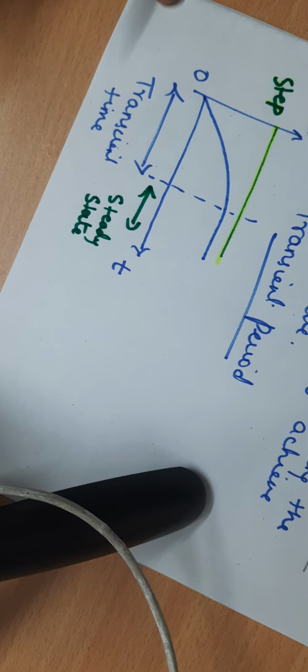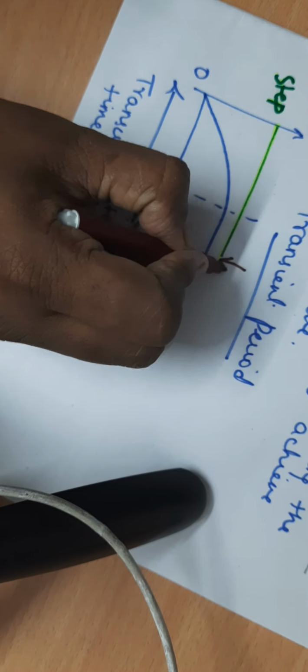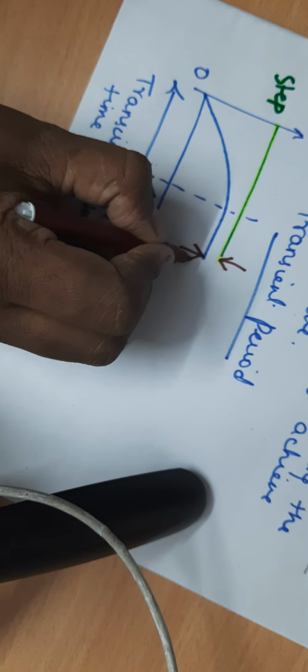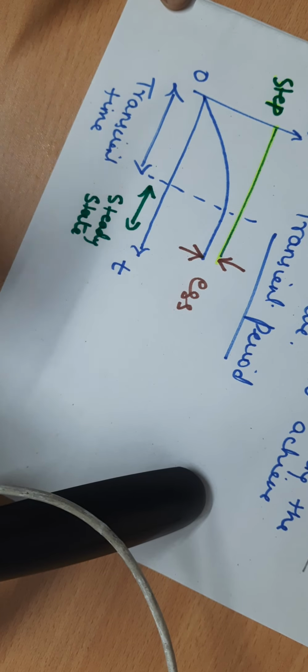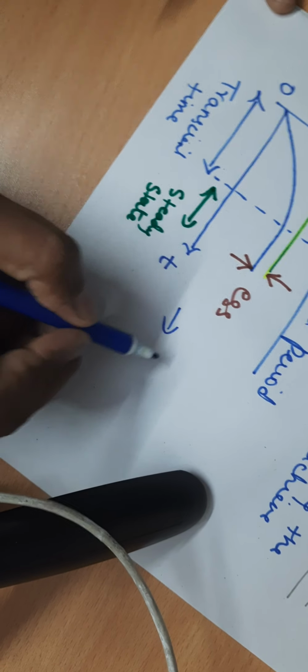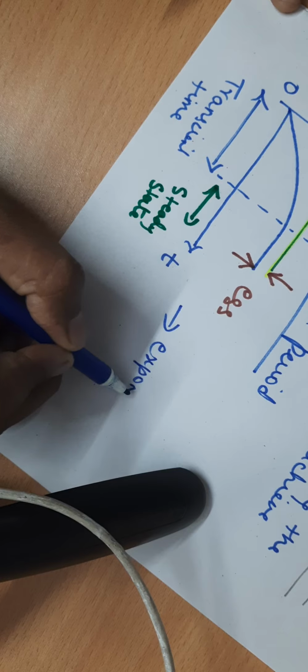It has become stable. Okay. Then the difference between this reference point and what we are getting, we call it as ESS, steady state error. This is with respect to exponential wave. This type of waveform, we call it as exponential.